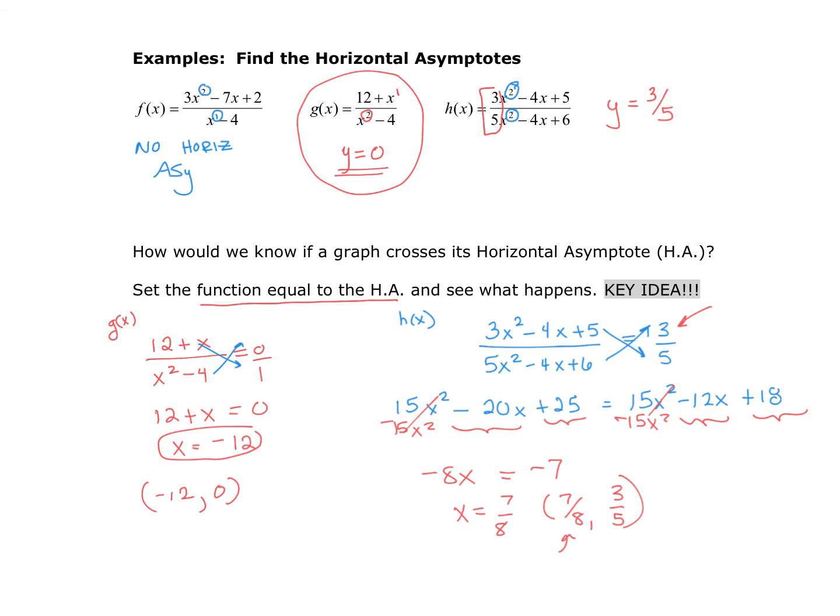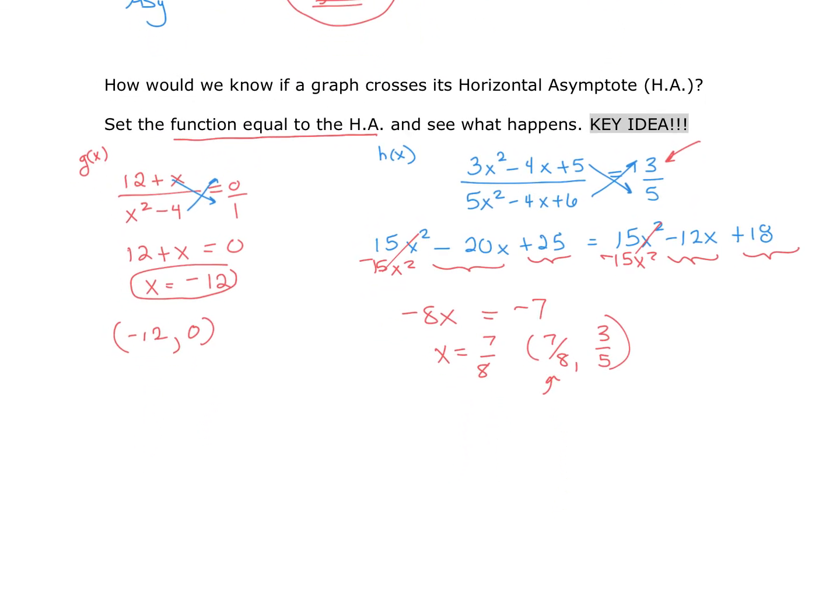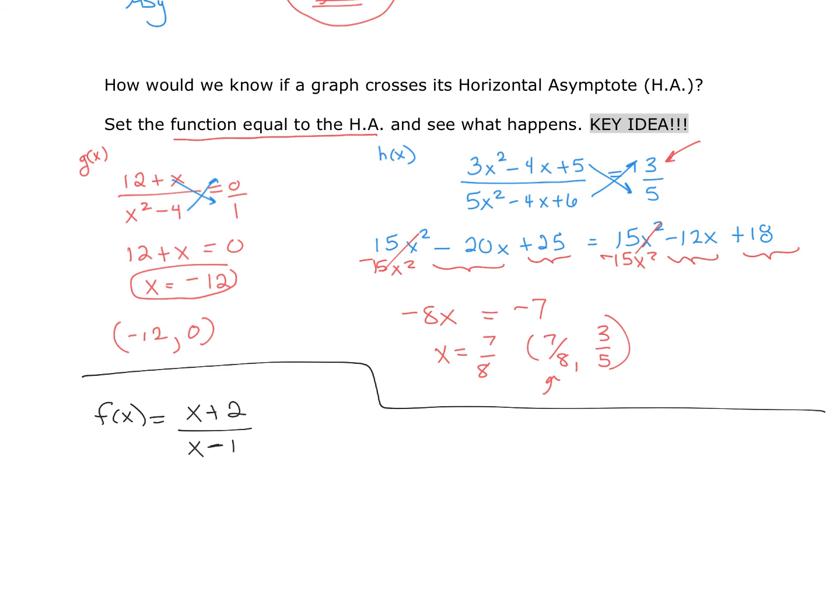It can happen, and often does, that when you have a function, let's make up another one. Here we have a rational function, x plus 2 over x minus 1, and we notice that our horizontal asymptote, because the degree of the numerator is 1 and the degree of the denominator is 1, we take the ratio of those lead coefficients, 1 over 1, and we get 1.